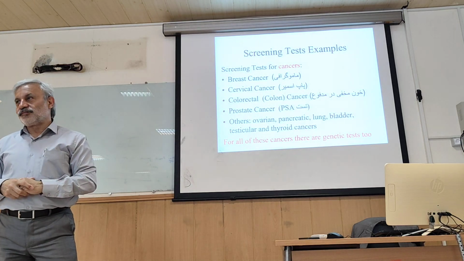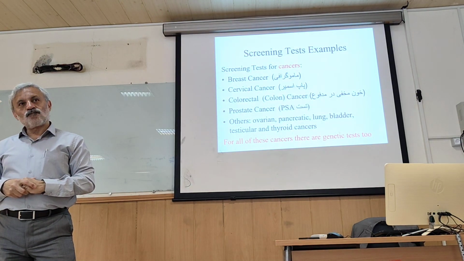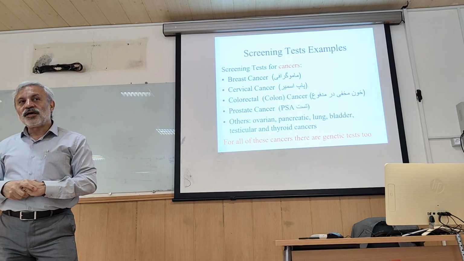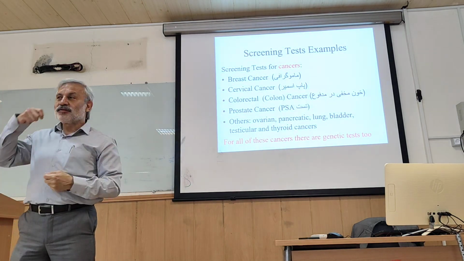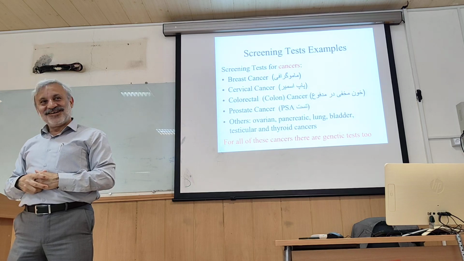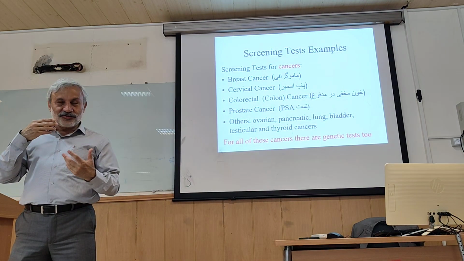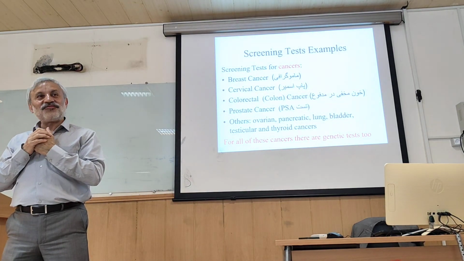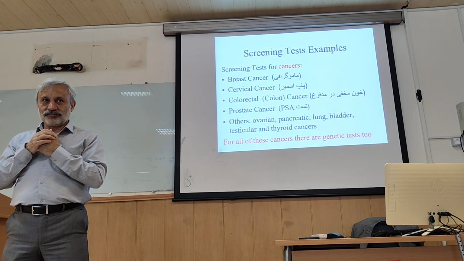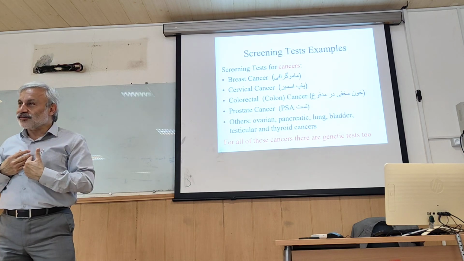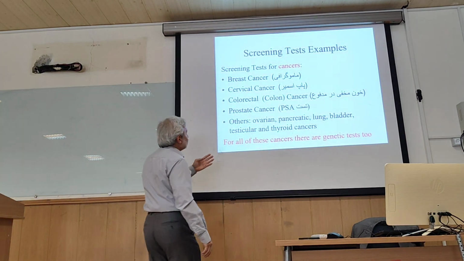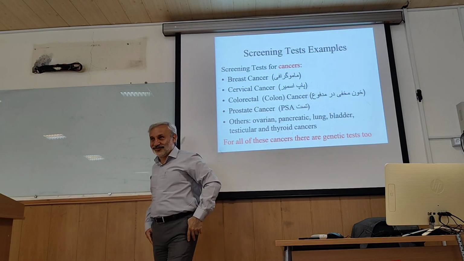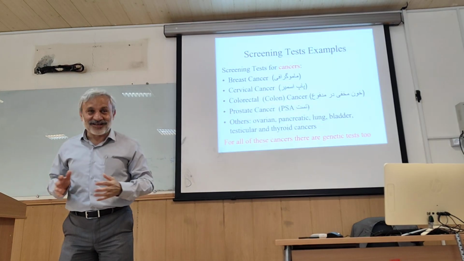So if someone had a nosebleed, or bleeding in the mouth, a toothbrush. Do you know sometimes you use a toothbrush and there is bleeding? If you swallow that and you do the test tomorrow, it is positive. But you don't have colon cancer.